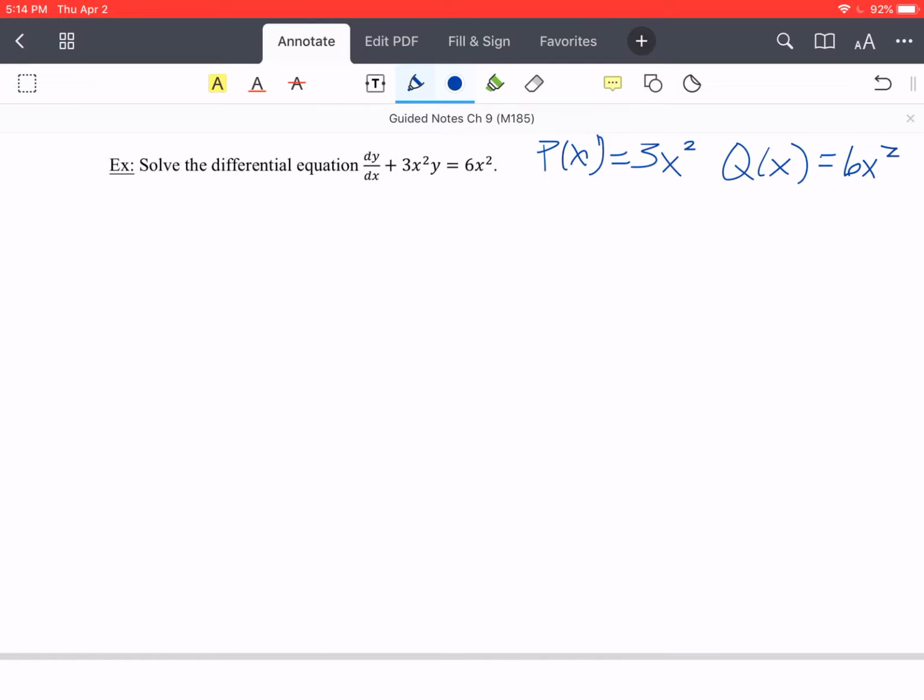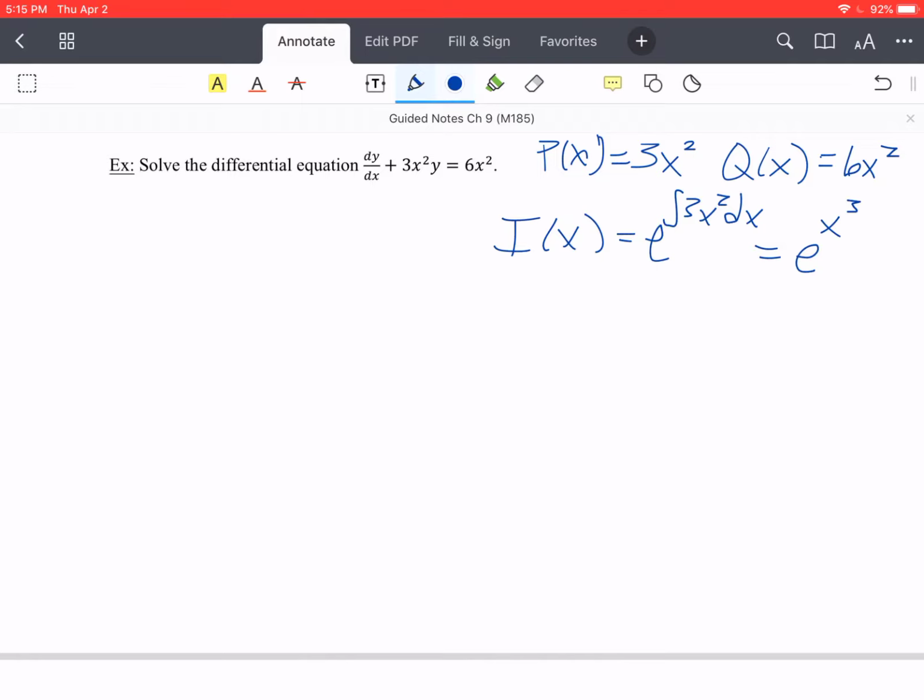And then we can find I. So I of x, that's going to be e to the integral of 3x squared dx. So that's e to the x cubed.